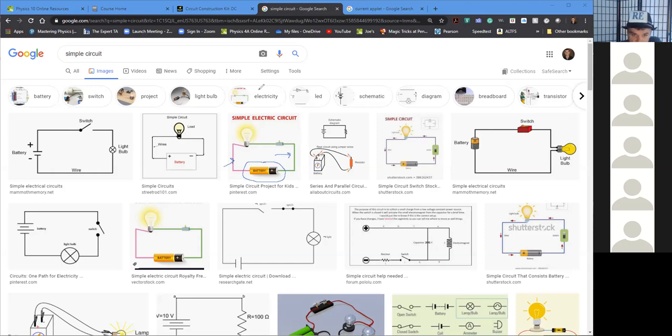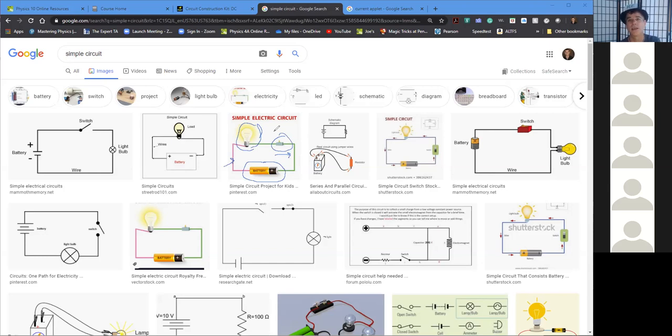And then you've got an object, which is converting electrical energy into some other form. Right now, we're going to be looking at light bulbs. A light bulb is taking electrical energy, converting it into light and heat. And then in general, you have a switch, just so you can turn the circuit on or off. You represent it different ways.